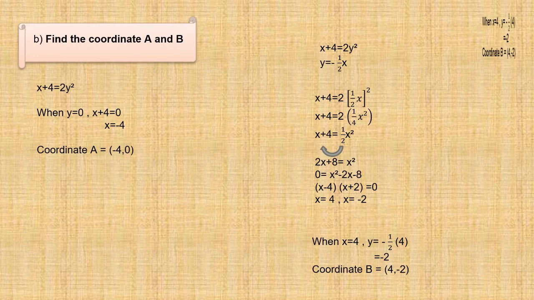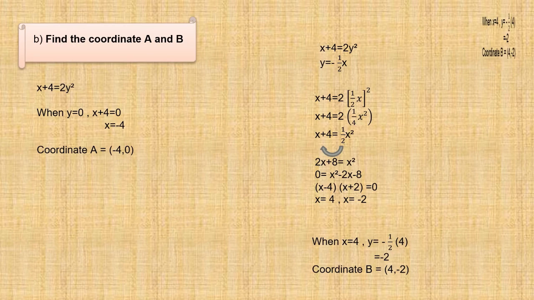To find the coordinate B, we need to do the substitution method, where we substitute equation 1 into equation 2. The first equation is x plus 4 equals 2y squared, and the second equation is y equals negative 1 over 2 x. So we substitute equation 1 into 2, and for x we will get 4 and negative 2.